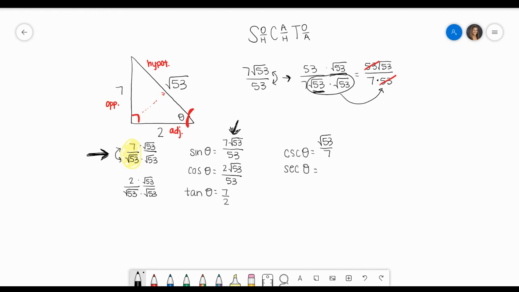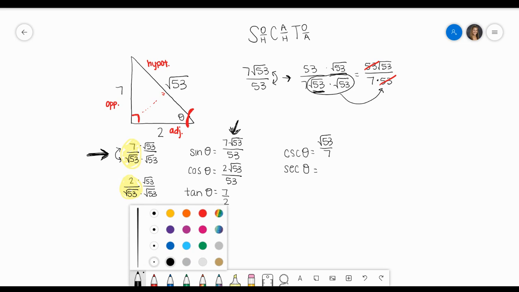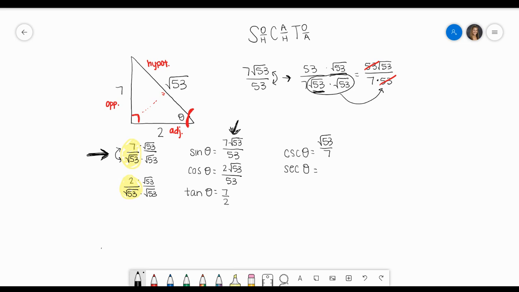And again, we want to go back and focus on our initial cosine ratio over here, because again, this isn't rationalized yet. We can just write the reciprocal of that to make our life a whole lot easier, to be the square root of 53 over 2.